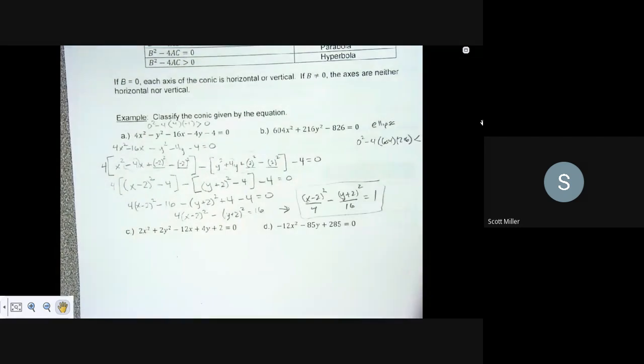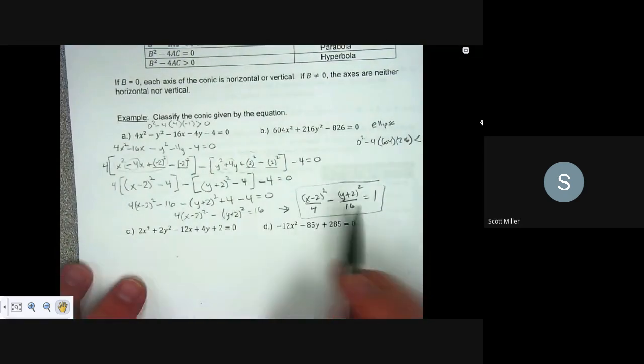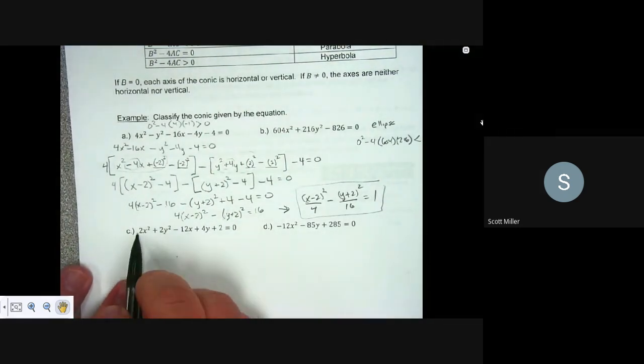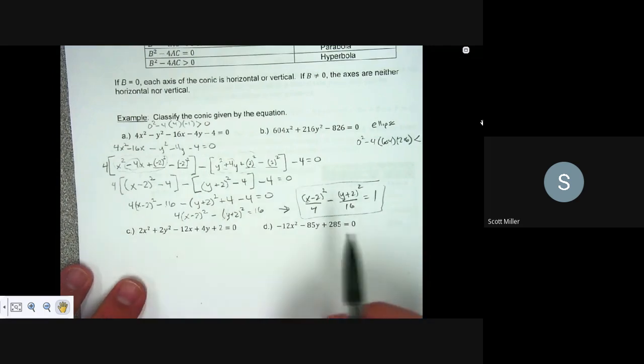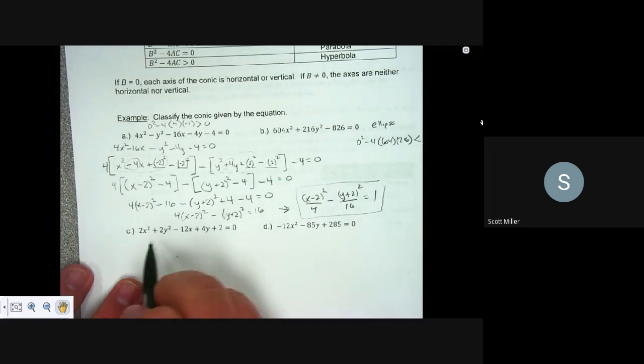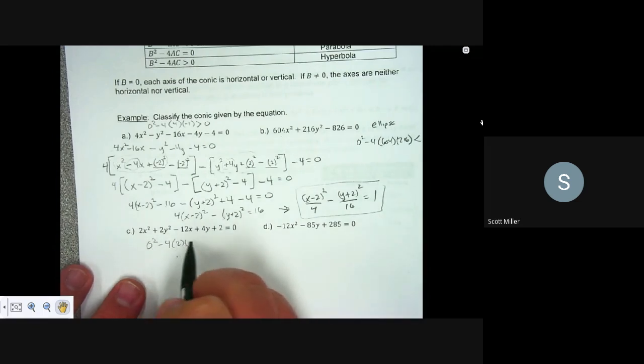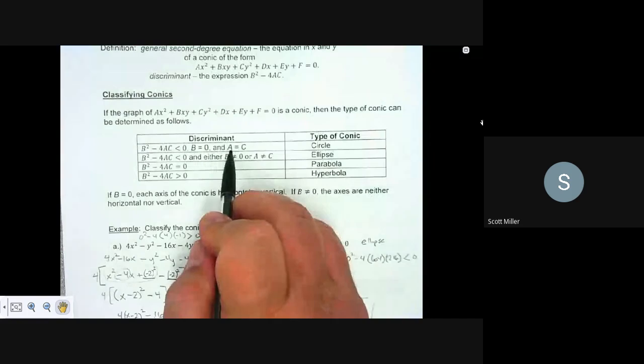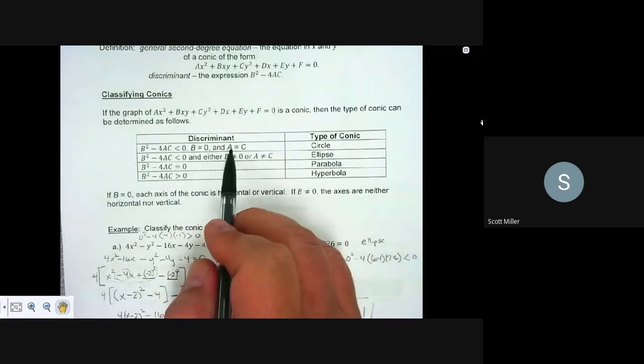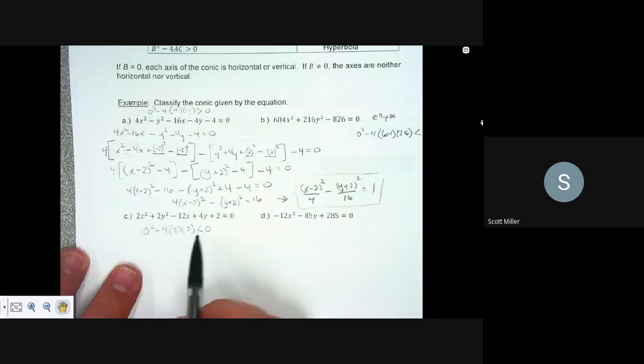And so when it's less than 0 and a does not equal c, I can see that I have an ellipse. Okay, and down here, 2 squareds, they're both the same number. So what's going to happen here is you're going to get a circle. There's no b, so it's 0 squared minus 4ac, which is less than 0, and a equals c. Okay, b equals 0 and a equals c. That's what happened.